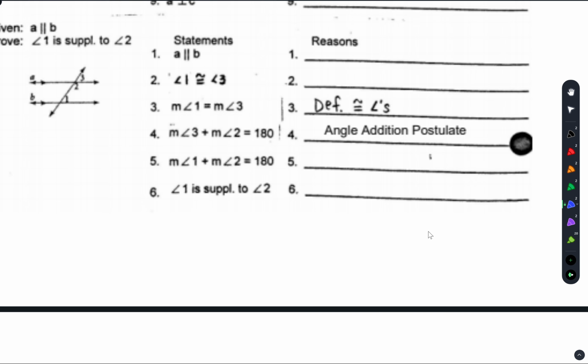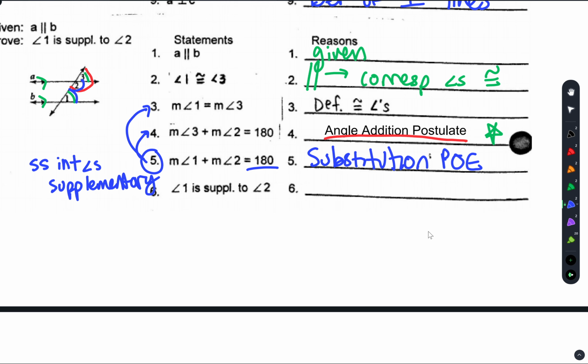How do I know that they are supplementary though? Then I could use parallel lines imply same side interior angles are supplementary. Or what's another good reason for this one? Casper. Perfect. Any questions on that?